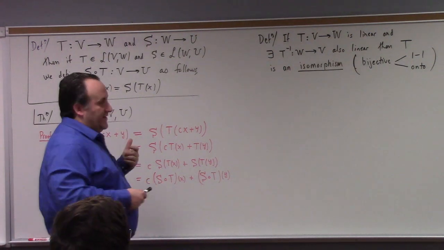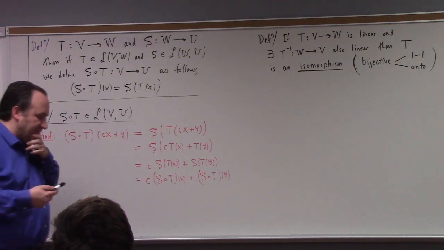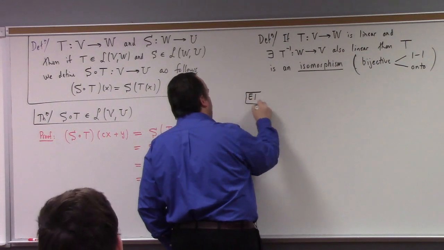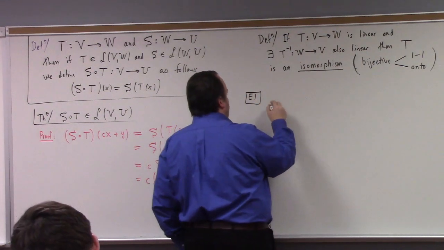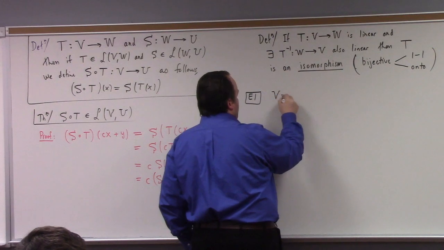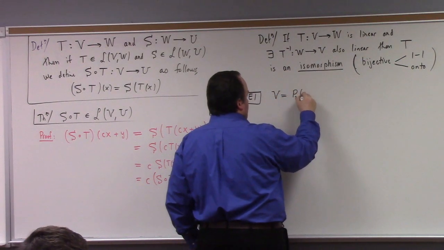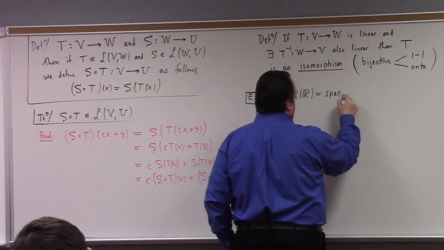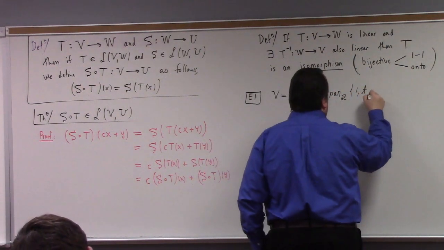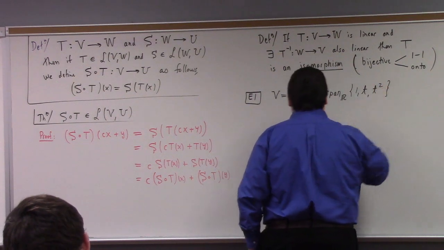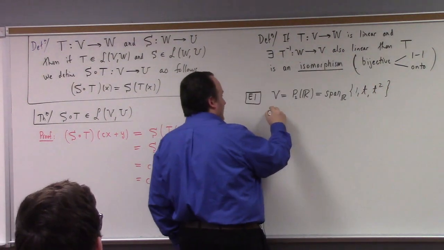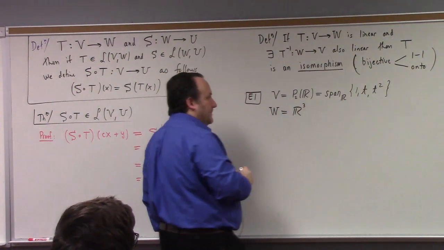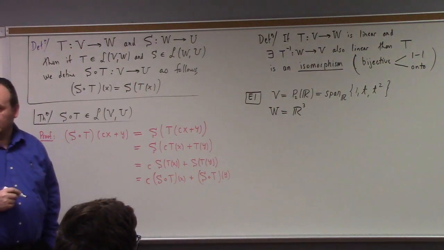But you have actually. Let me see some examples. Consider the following. If I say V is equal to, say, second order polynomials over R, in other words, the real span of 1, t, t squared, and I can let W equal R3.